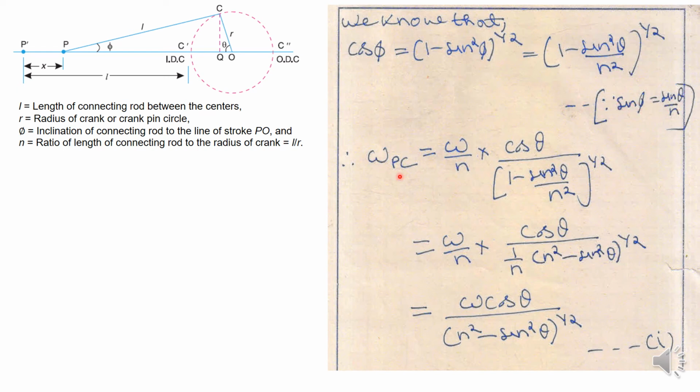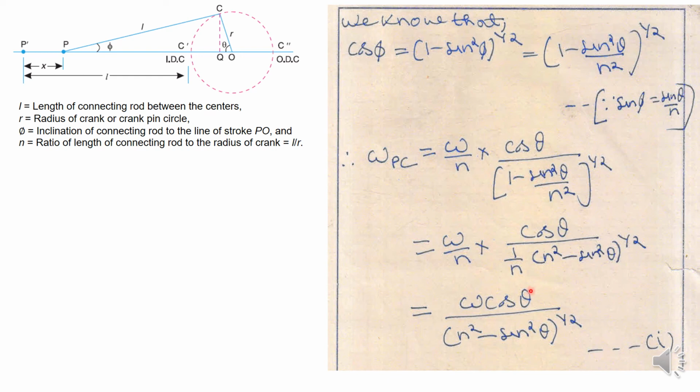Then omega PC is equal to omega by n multiplied by cos theta upon the root of (1 minus sin square theta upon n square). Now we further simplify it.